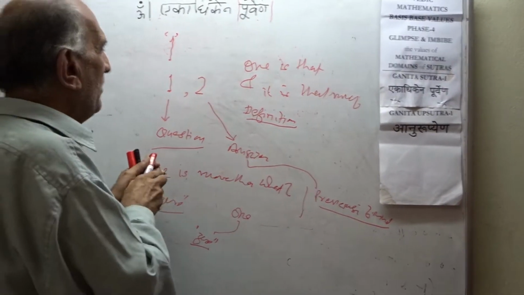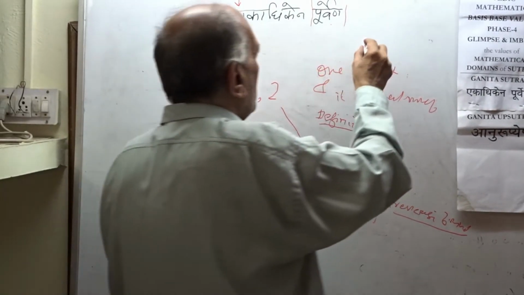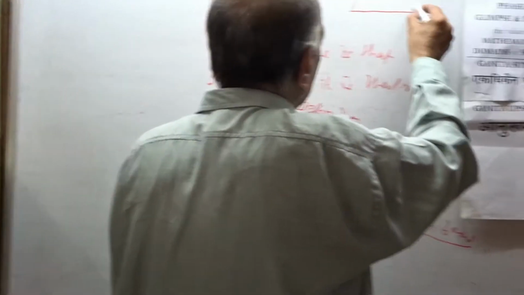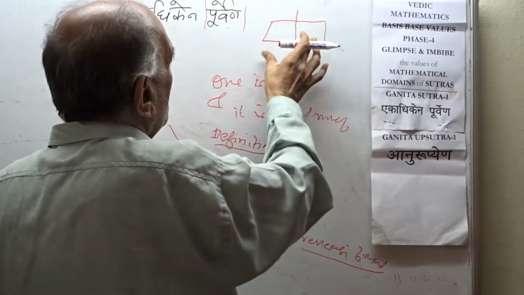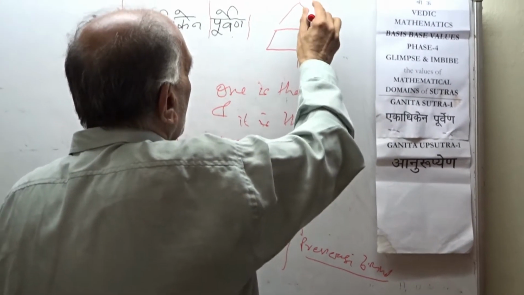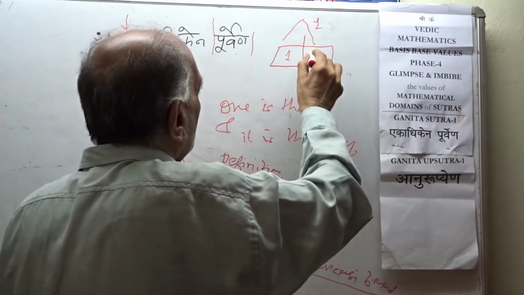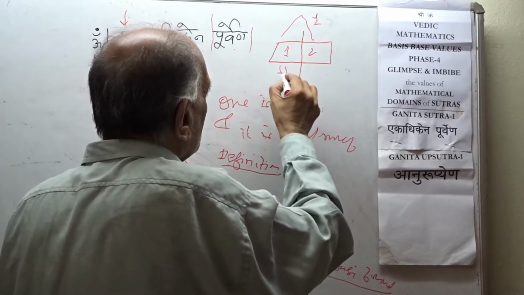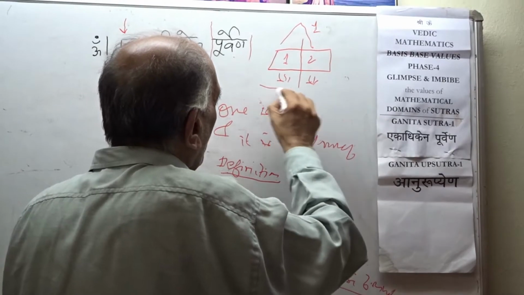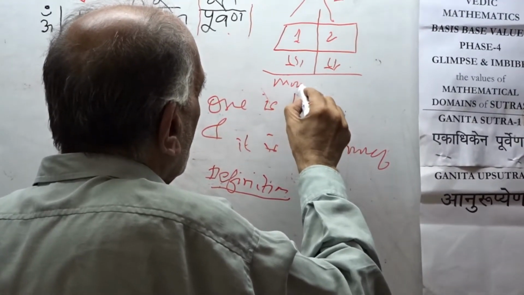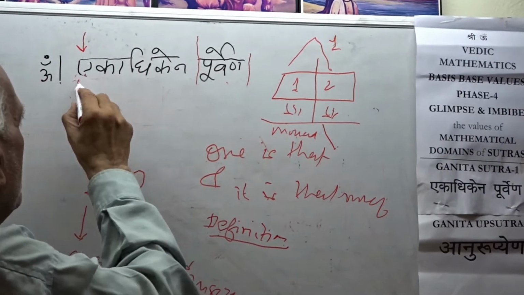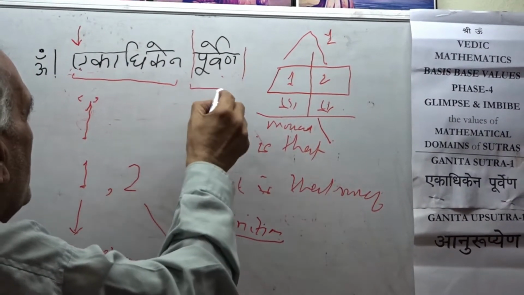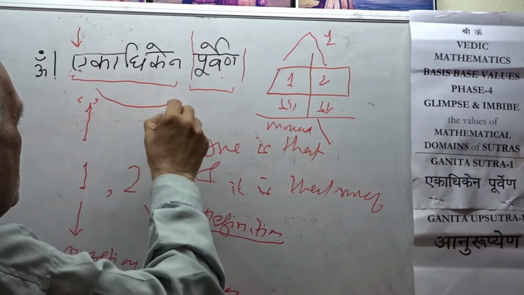Now, when we have the two parts, it makes it a dimonad. We are working with a dimonad. This Sutra 1 is of two parts. It has two entities. It has two monads. There is a pair of monads. First monad is this, and second monad is this. This sutra is a dimonad.